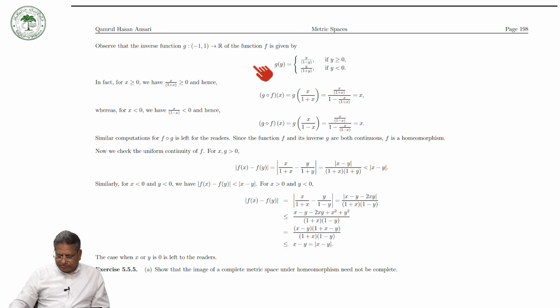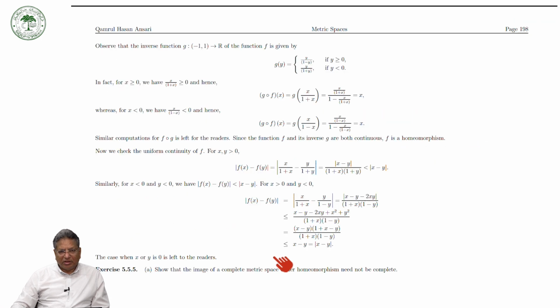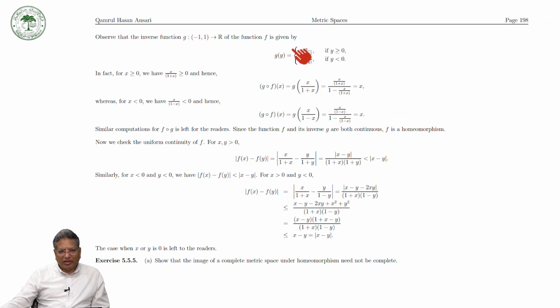So the inverse of this function f would be this function. These things are given over here, and this function is again continuous. And of course f is one-one and onto, and therefore f and its inverse g both are continuous. So f is your homeomorphism.